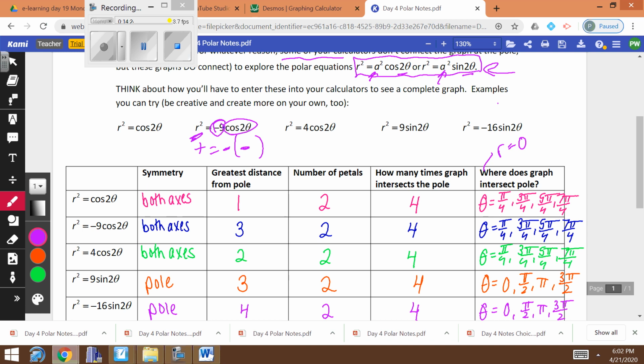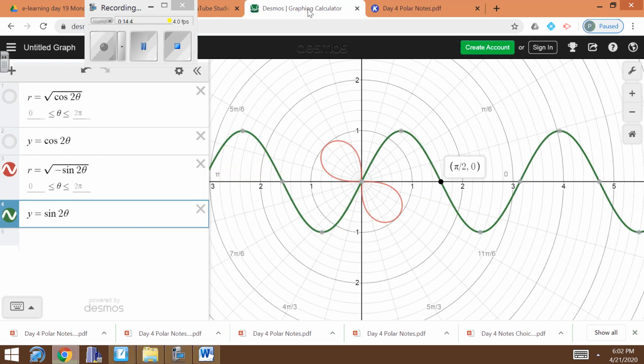So if you had r squared equal to the negative sine of 2 theta, and this is positive, a negative times a positive, could that ever equal r squared? No. So wherever that sine is positive, it's not going to show up on the graph. So that's why from 0 all the way to pi over 2, nothing is graphed.